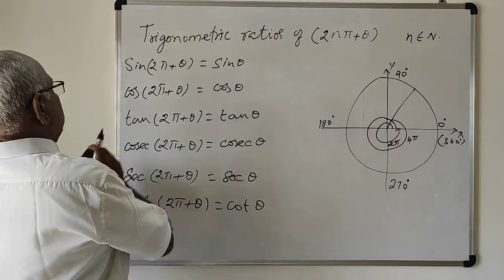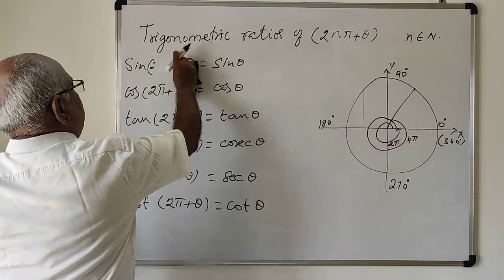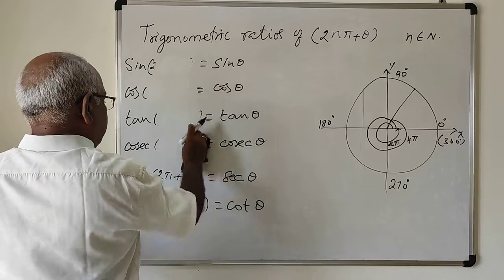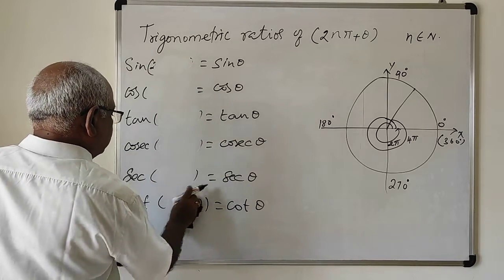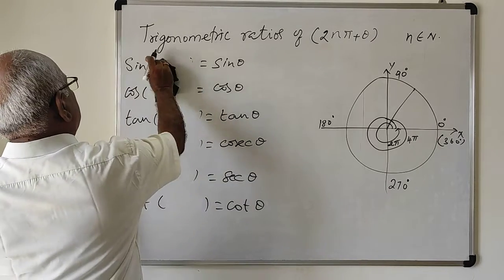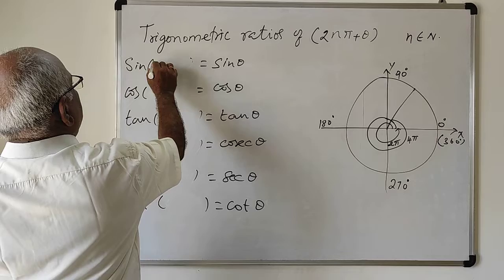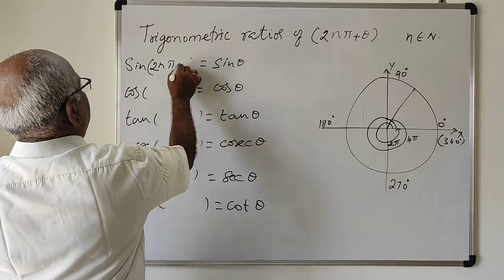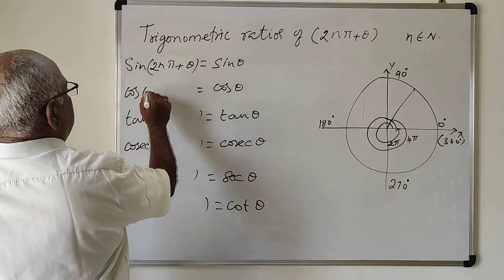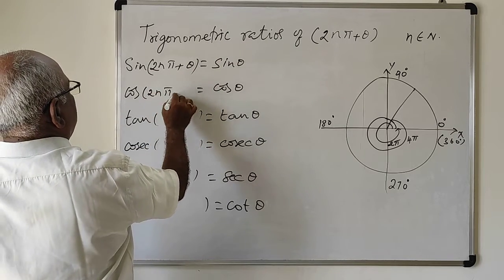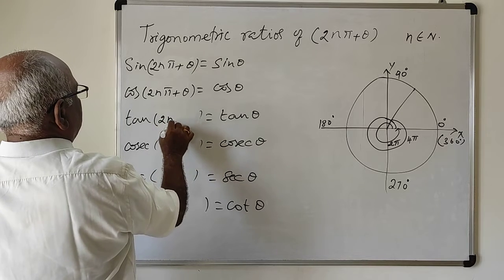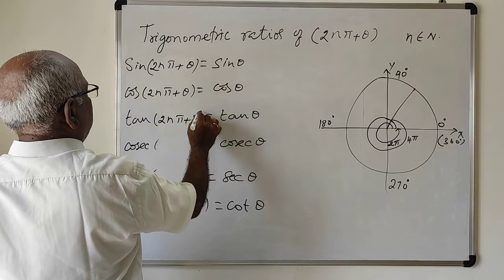Similarly, the same expressions we have. Sin 2n pi plus theta is sin theta. Cos 2n pi plus theta is cos theta. Tan 2n pi plus theta is tan theta.